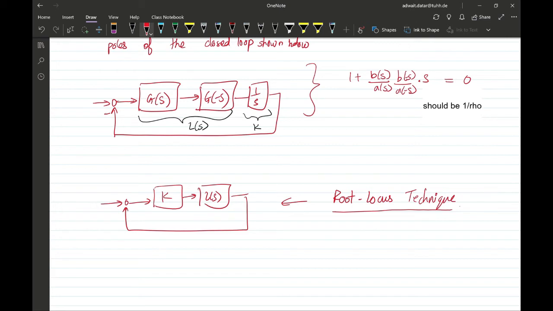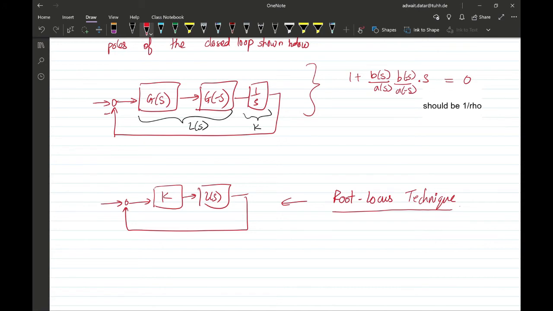So if you are unfamiliar with the root-locus technique, I encourage you to have a look at the lecture notes on Introduction to Control Systems, the course that we offer before the Control Systems Theory and Design course, or you can just read about it in some good control book.